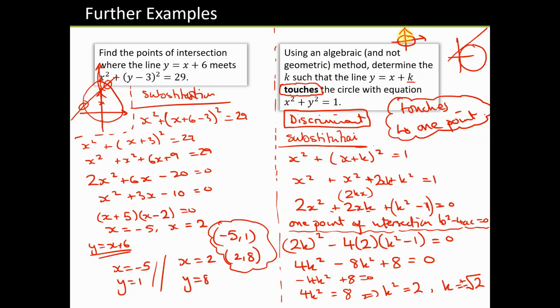If I had an equation that was y equals x plus positive root 2, it would start up here and it would come down. In my mind, I think yes, that would touch. If I had x plus minus root 2, well, it would be down here, and it would. Yeah, I think both of these would be valid. So I think we could have two possible values of k here. So I think k could be positive or negative root 2.